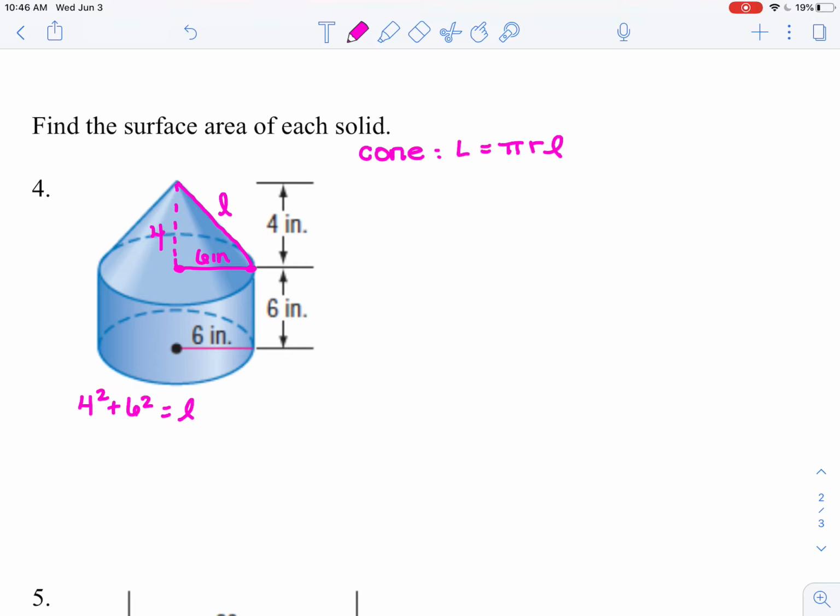So 4 squared and 6 squared equals the slant height, L. That's 16 and 36, or 52, equals the slant height squared. And when we square root both sides and simplify, our slant height is 2 root 13. So for our cone, we have a lateral area of pi times the radius of 6 times our slant height, 2 root 13. And that's about 135.9.